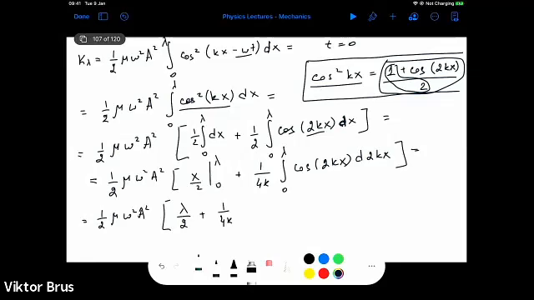Then this integral will be sine 2kx, from 0 to lambda.